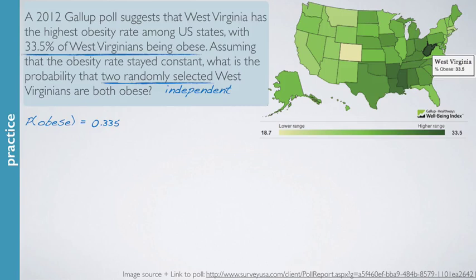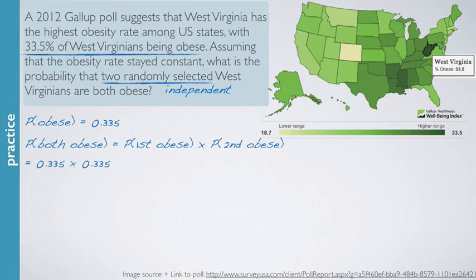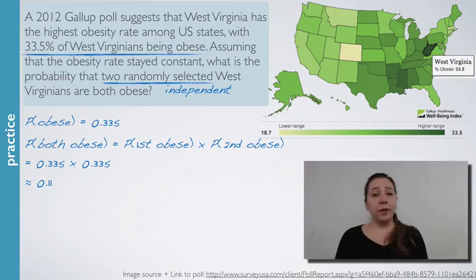And since the 2 are independent, the probability of both of them being obese will simply be the probability of the first one being obese times the probability of the second one being obese, each of which is 0.335, resulting in an 11% chance of 2 randomly selected West Virginians being obese. This value, 11%, the probability of both of these people being obese, is less than the probability of either of them being obese, which makes sense for 2 reasons.